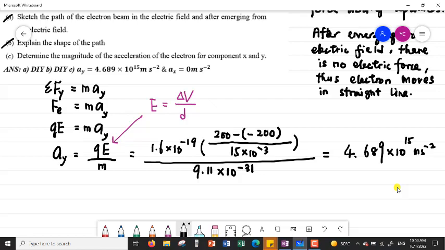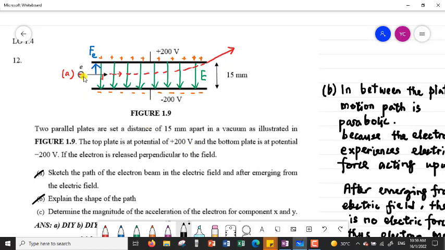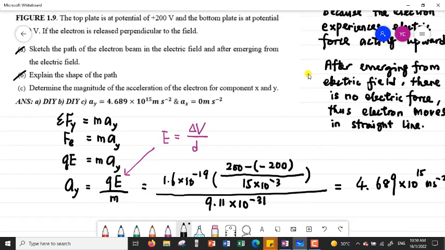Okay, what about the x-axis? Class, if you refer to the forces that we sketched, we will find that the electron only experiences an electric force acting upward. So the only force acting is upward along the y-axis. Along the x-axis, secara horizontal, there is no force acting.